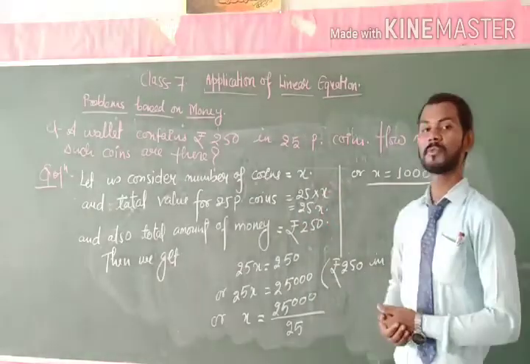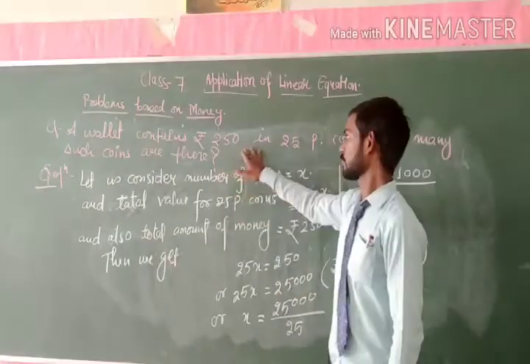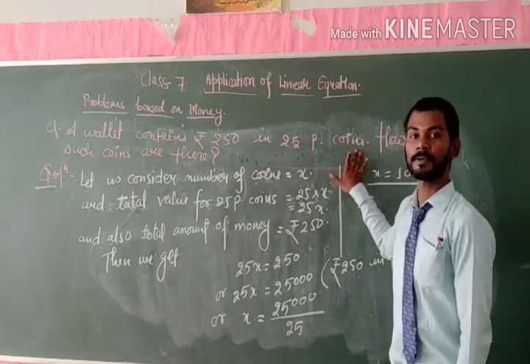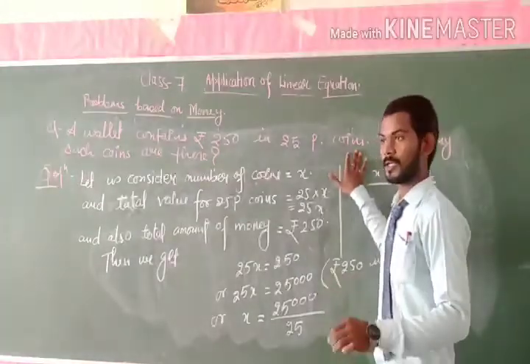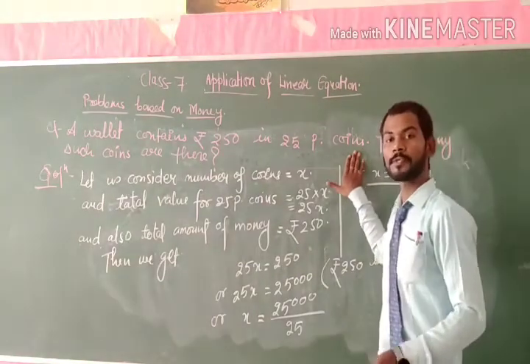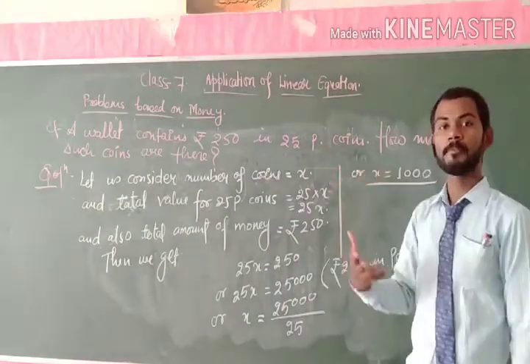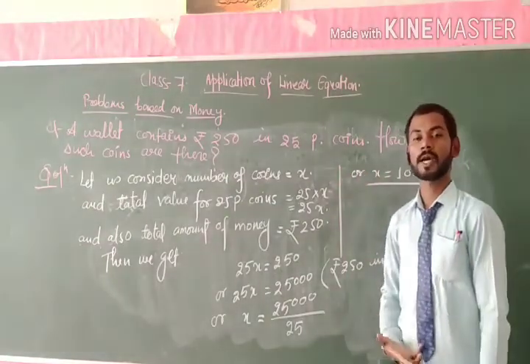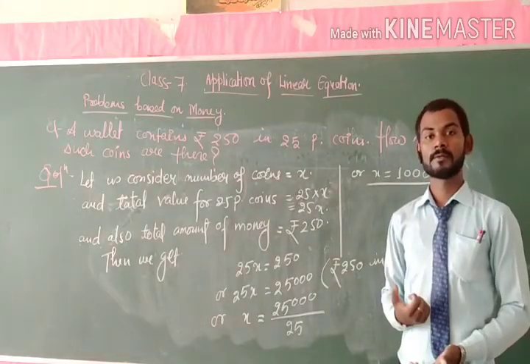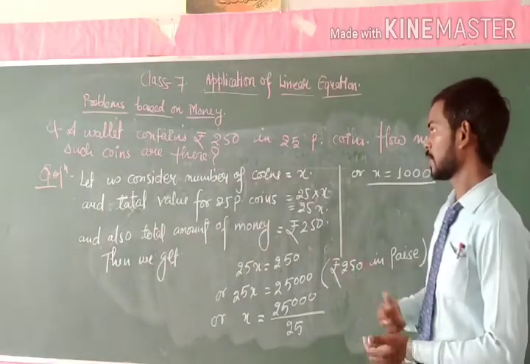Let's see the question once again. A wallet contains 250 rupees in 25 paise coins. That means in a wallet there are only 25 paise coins, which make 250 rupees. Then our aim is to find the number of coins. That means how many coins does the wallet have. So let's start.